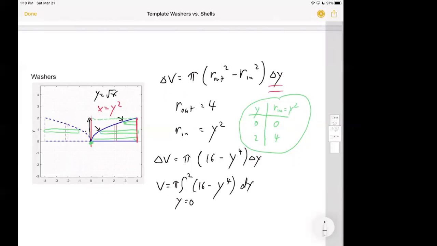Y is only going to 2. So this integral would also give me the volume of the shape. Now you can see this one doesn't have a fractional power, so this might actually be the easier one to integrate in this case. So if I write this as washers, it might in fact be easier to do, but not that much easier. Either method is pretty good.